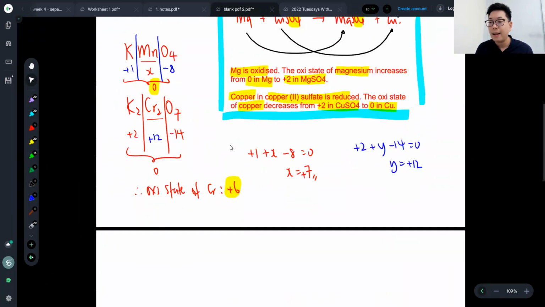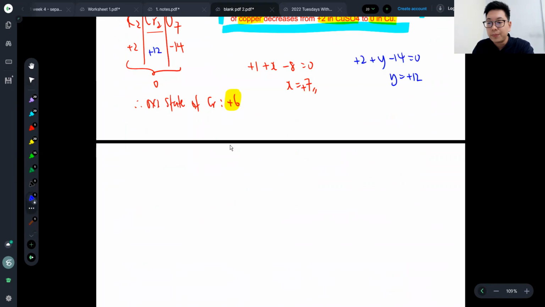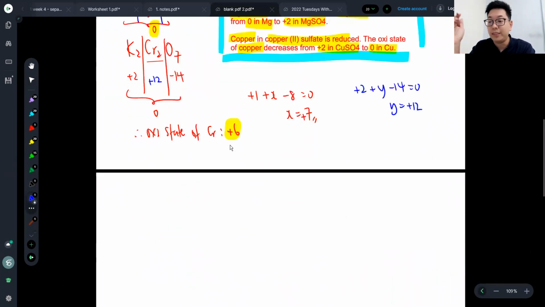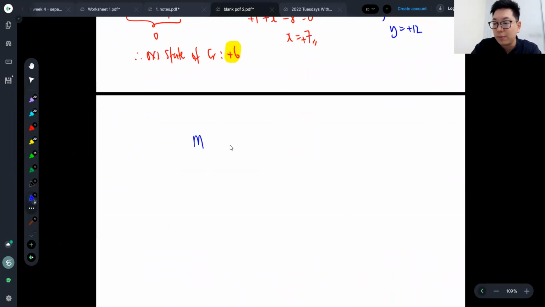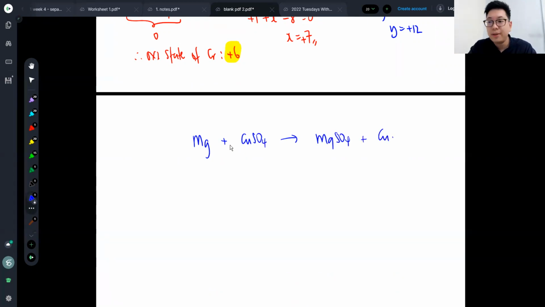Let me keep it really simple. I'm going to use the exact same reaction, the magnesium one. Some students are like, why do I use the same thing? Because it's easier with a familiar reaction. Now we know that an uncombined element is always 0. Sulfate is forever -2.